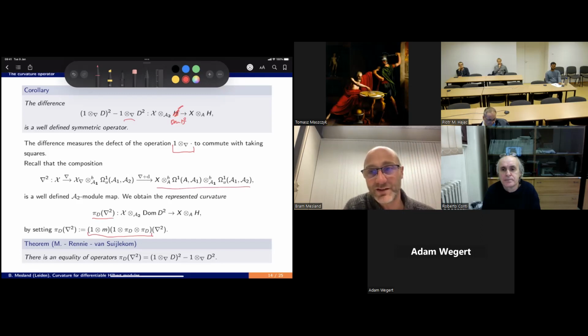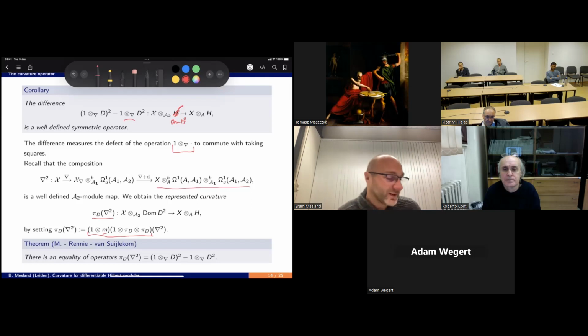And once we've represented that, we want to get back to our original Hilbert space, so we multiply it out. So what I mean by pi d nabla squared is just a natural representation of this thing on our original Hilbert space. And then it turns out that the following theorem at the bottom is actually true: the represented curvature of this connection is exactly equal to this difference of Laplacians, which I find still quite remarkable.